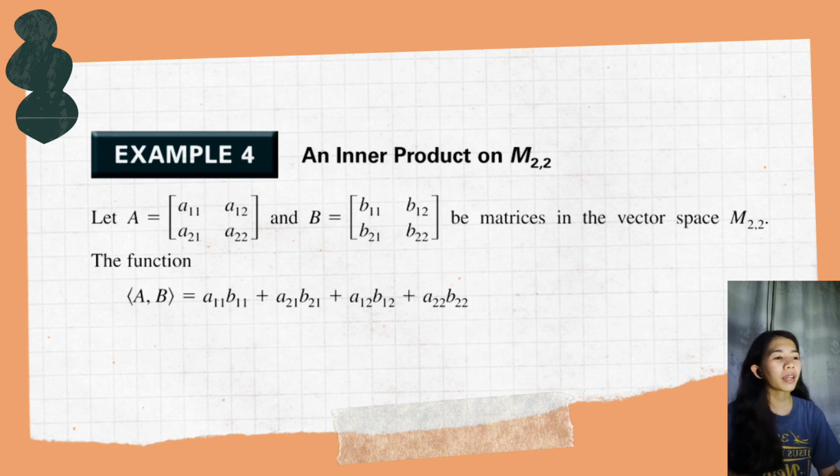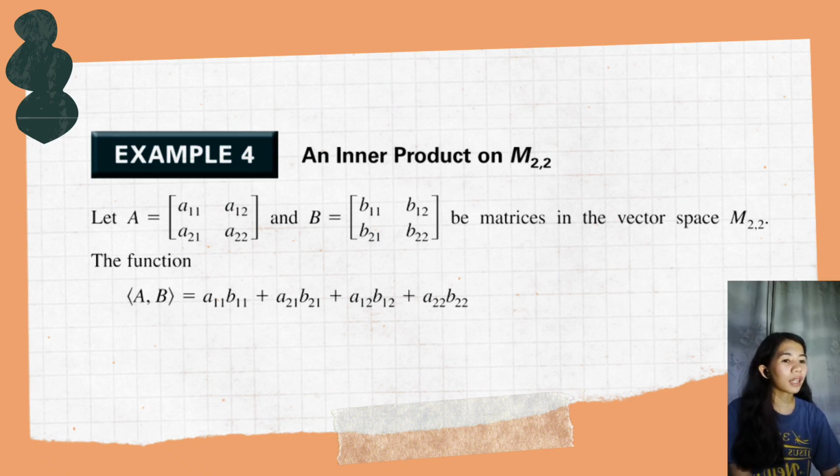So we multiply A11 to B11, then A12 to B12, A21 to B21, then A22 to B22. After we are done multiplying those corresponding entries, we add them together, and as we add them together, we will get the inner product of our 2 by 2 matrices.